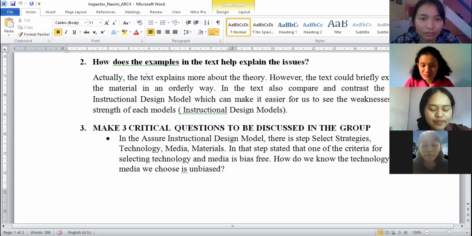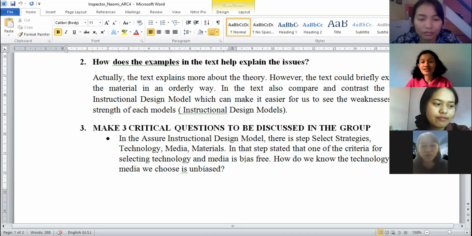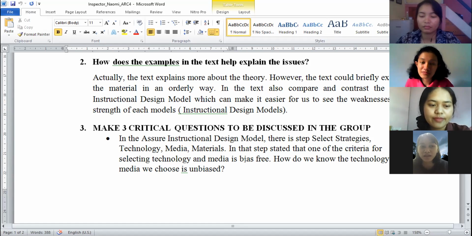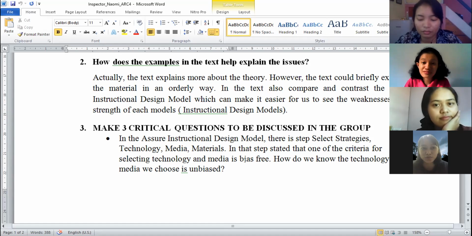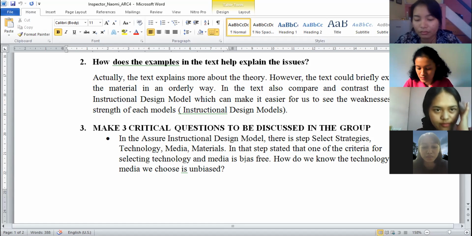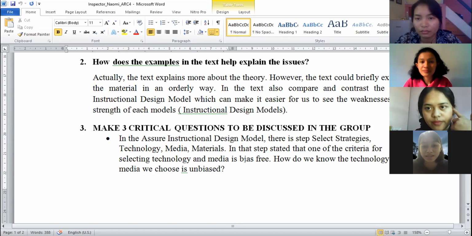Tadi kan dibilang apakah sudah tepat atau belum, pertama-tama you look at what you're going to share to others, cocok atau enggaknya seperti itu. Jadi dari situ juga kita bisa tahu it is biased or unbiased. So yeah, thank you. You can go to the next question, Naomi.